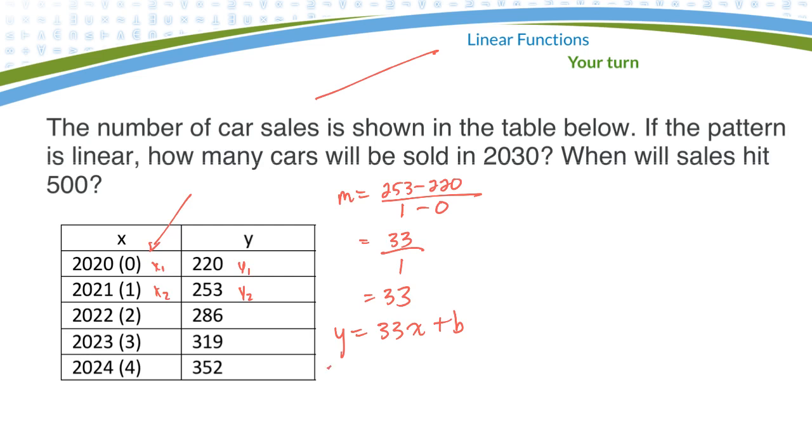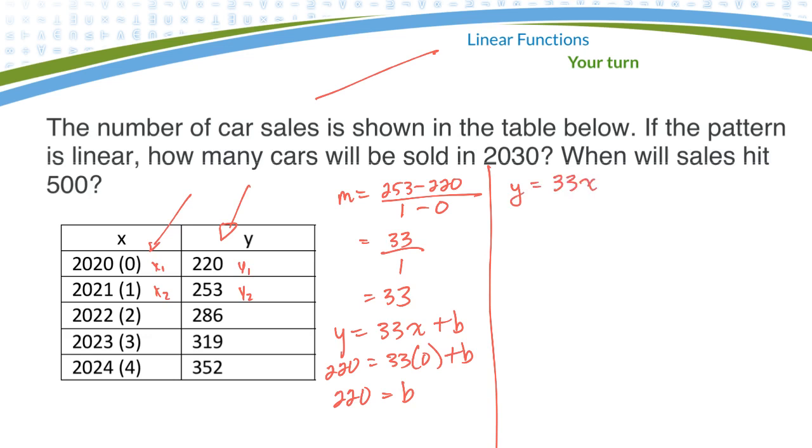So the y value is 220 when the x value is 0. So 33 times 0 is 0. So the y-intercept is just 220. So the equation that defines that pattern is y is equal to 33x plus 220. There we go.